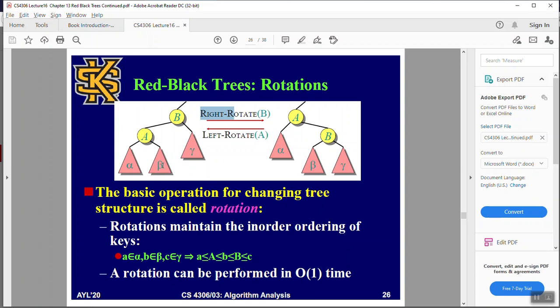This beta was on the left side of B. On the rotated element, whatever B got, it will be on the left side of B. So in the entire subtree, beta was the left subtree.